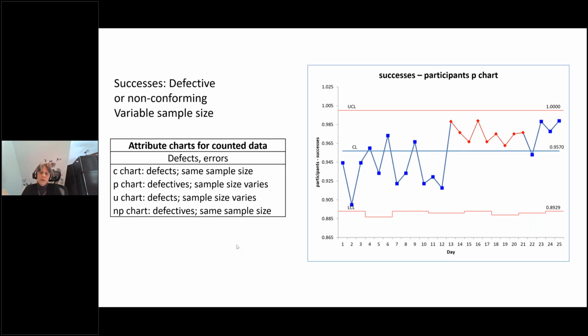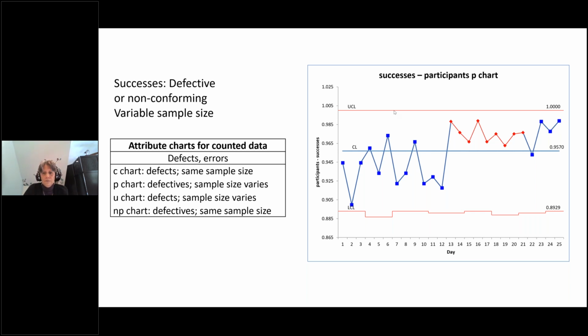So again, the direction of up or down is really relevant to what you're looking at, of course, because for some things you want more success, and for some things you want less, fewer errors. But the idea is that the computer program tagged that these were special cause variation.